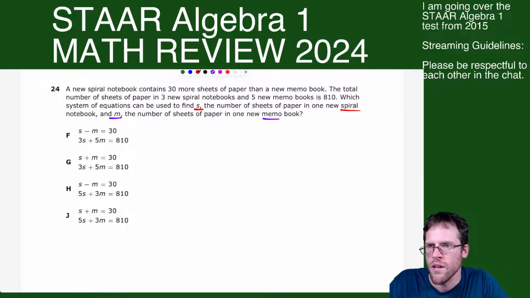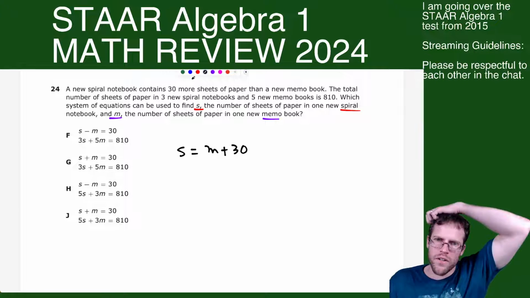That was nice, so the letters match. So a spiral notebook contains 30 more sheets of paper than a new memo book. So I just think about this again. If the spiral notebook has more sheets, then that means S, and I'll just write this in a completely different color. So we're going to have S is equal to M plus 30.